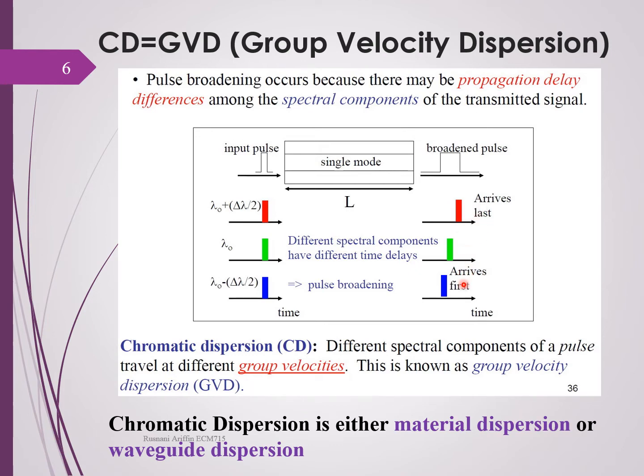Because they arrive at different times, chromatic dispersion or group velocity dispersion occurs. Chromatic dispersion can be either material dispersion or waveguide dispersion.